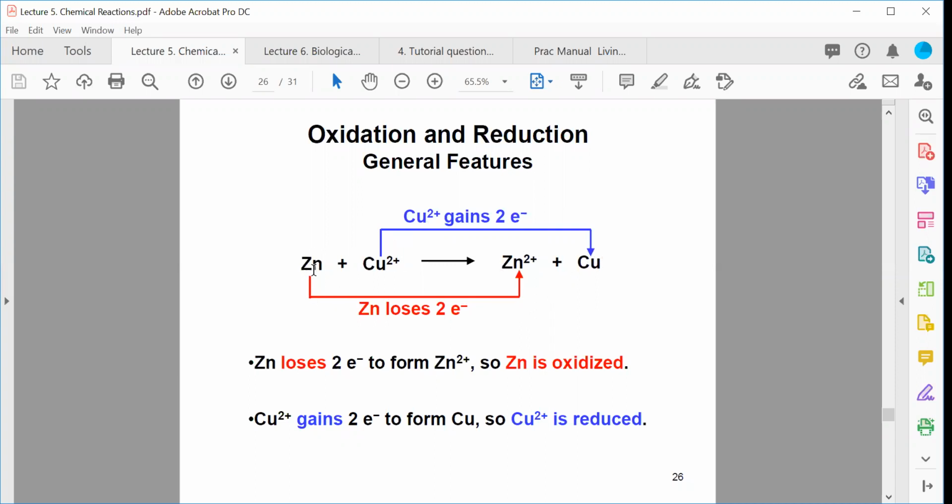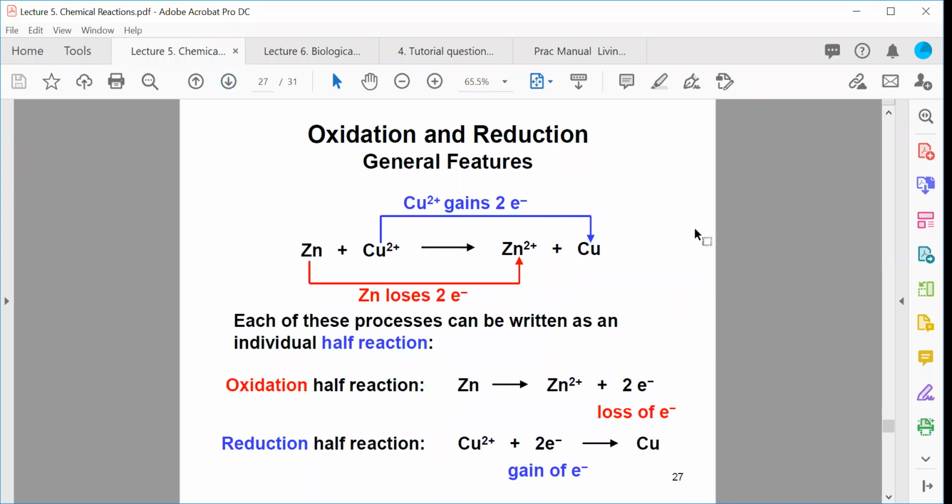So we say because zinc has lost electrons, zinc becomes oxidized. The copper cation gains those 2 electrons, so copper is said to be reduced. All right, once again, remember OIL RIG.